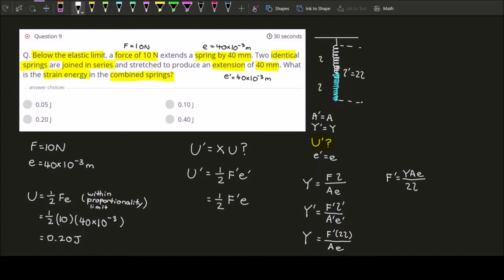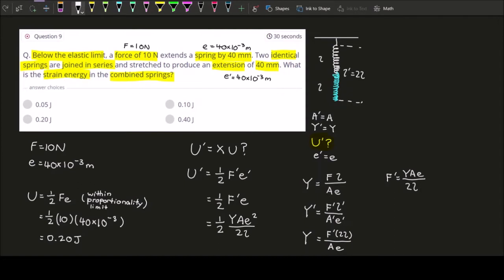So now this is a very suitable equation for us to substitute inside because we have replaced everything with prime to everything without prime. So now the new equation will be YAE square over 2L.